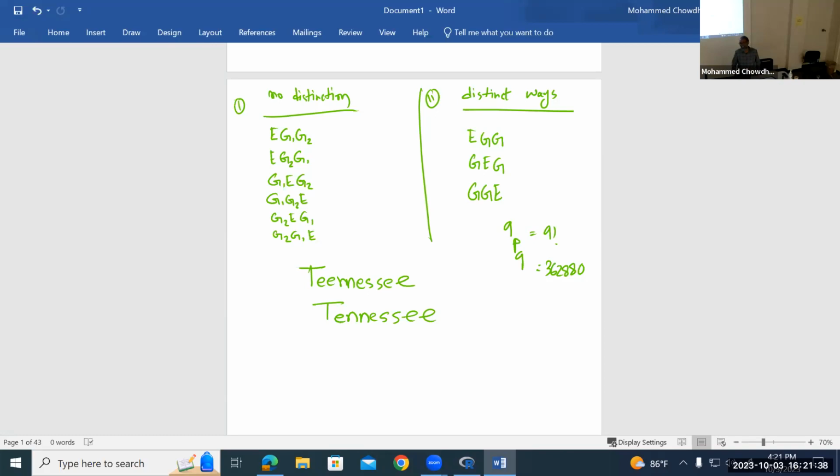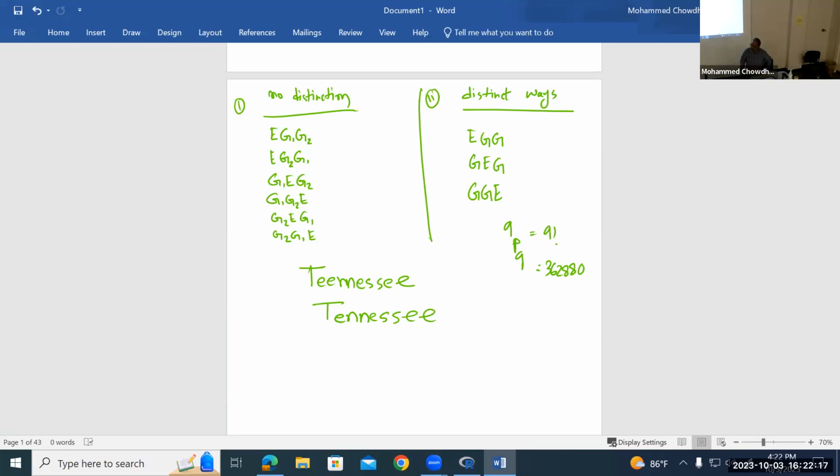Fortunately, our forefather gave a formula to compute all of this. Are you feeling interested to learn these things? What do you think? I gave you a small scale problem with 2 repeating letters, which you can easily find just by listing. But now, what will be the formula so that you can find how many ways the letters of the word Tennessee be arranged, how many distinct ways the letters of the word Tennessee be arranged?